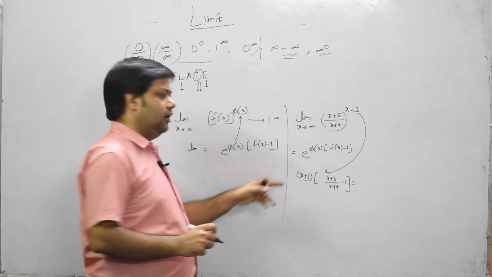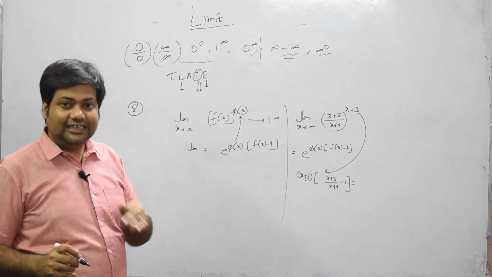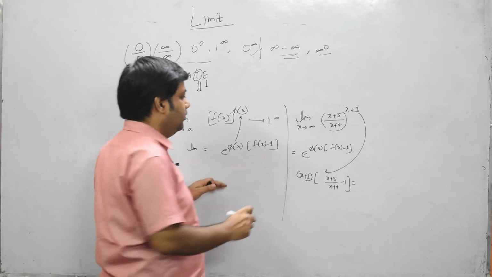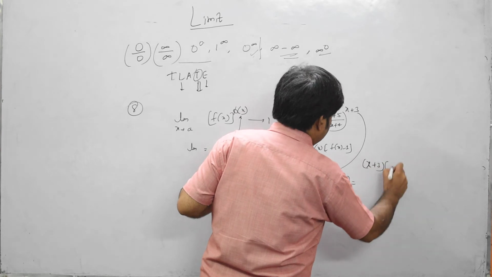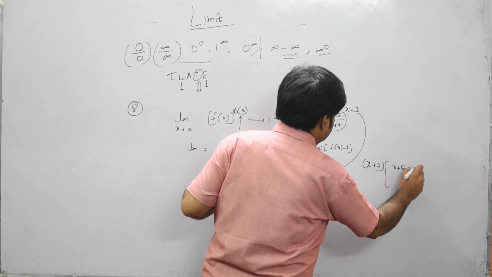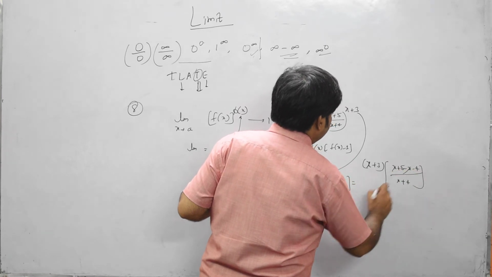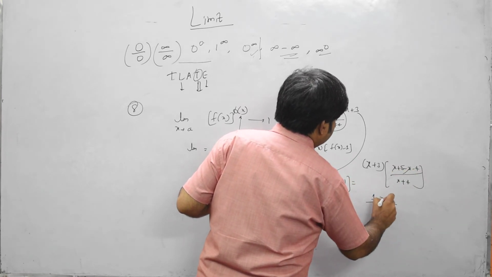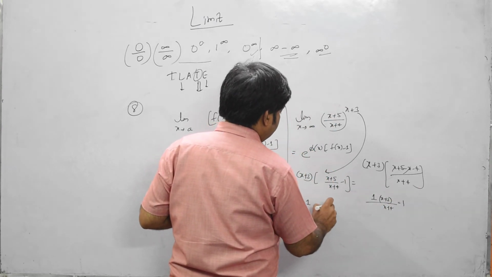Let's look at how the answer comes out: x plus 5 minus x minus 4 by x plus 4, and now x gets cancelled, 5 minus 4 is 1, and then x plus 3 by x plus 4 is 1. So the answer comes out to be e to the power 1, and we are getting e as the answer.